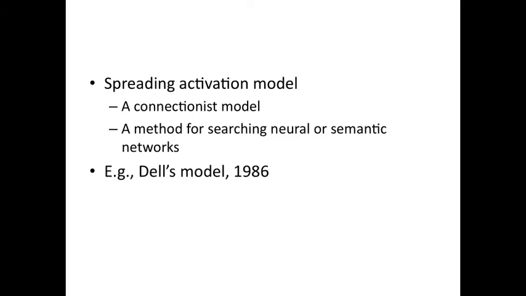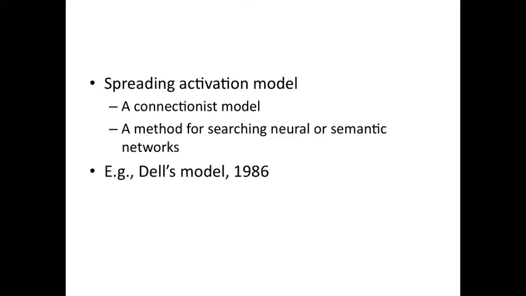Those activated networks are called nodes, and the ones that have more weightage are the ones that are getting pulled in to actually give your final output, cat. Okay, that is a spreading activation, and Dell's model is a classic example of the spreading activation model.